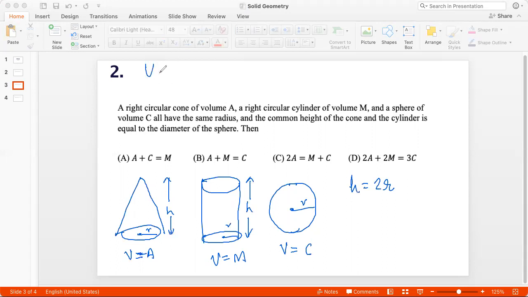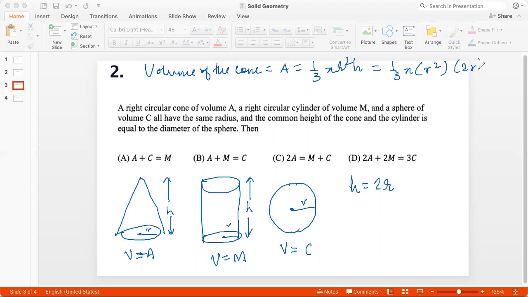So the volume of the cone, which is A, will be 1 by 3 pi R squared H, which is 1 by 3 pi R squared into H is 2R. So this is 2 by 3 pi R cube. Okay, that's the volume of the cone. What about the volume of the cylinder M?